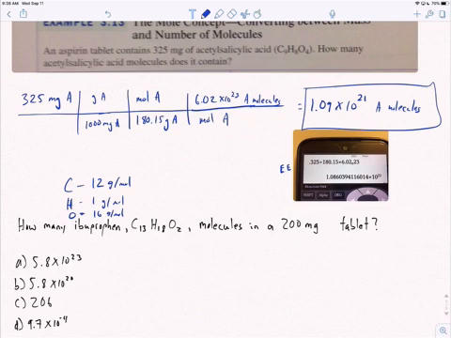So you have to do the same thing for ibuprofen. Okay. So we just set it up with the 200 here, and 1,000. And then you have to calculate the molecular mass. Do you know how to do the molecular mass of this? I guess not.